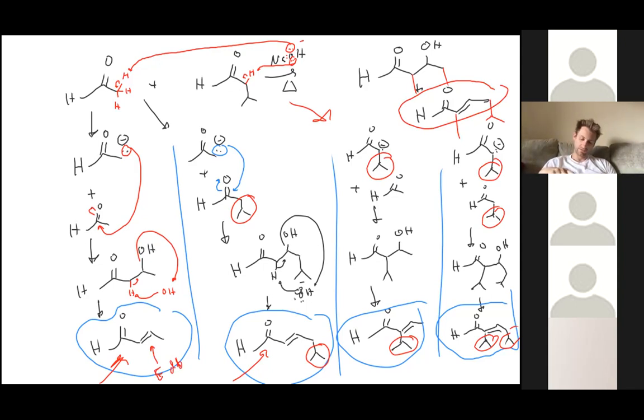Something we talked about earlier was that if we look at our pKa table, our pKa for a ketone is 19, and our pKa for an aldehyde is 17.